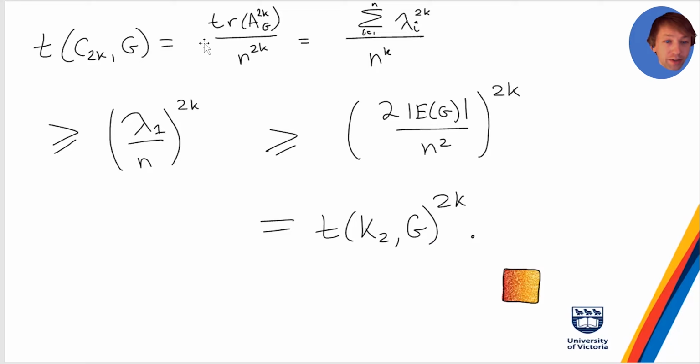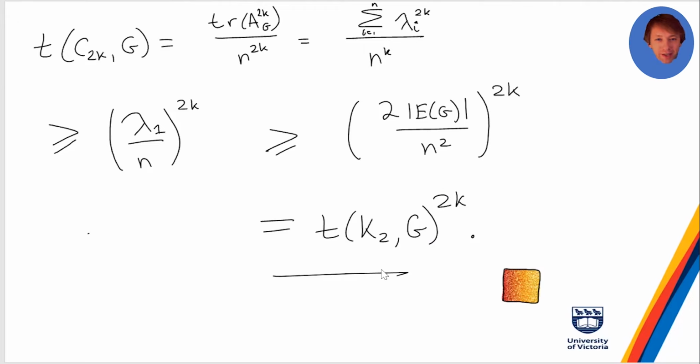The homomorphism density of a 2k cycle is equal to these two things at the top, which is at least, if you just take the first eigenvalue, this, because when we took that all ones vector, that's where we get this. And then this is just equal to that. Okay, any questions about that?